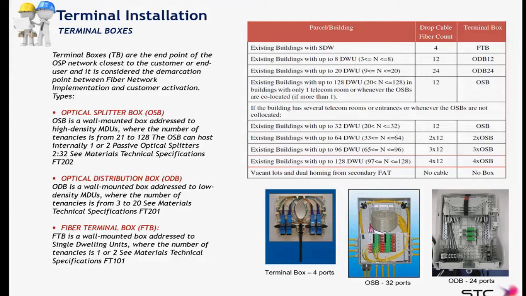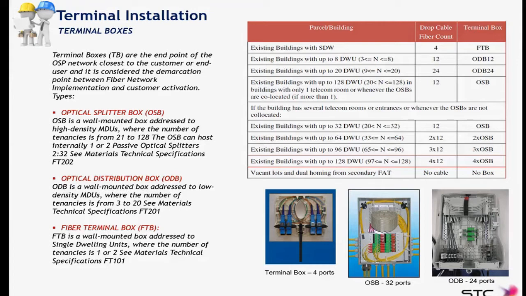The OSB provides service to high density MDUs with a number of tenancies from 21 to 128. The OSB can host internally 1x32 or 2x32 splitters according to the materials technical specifications FT202.